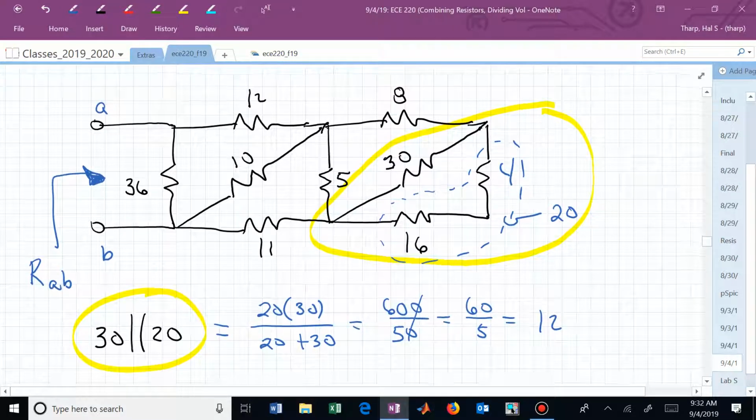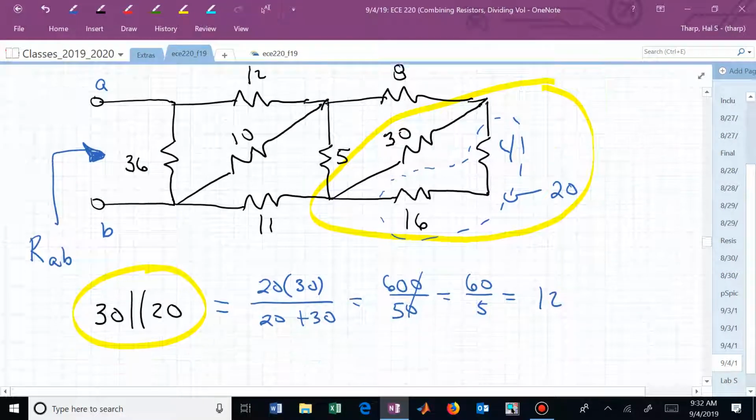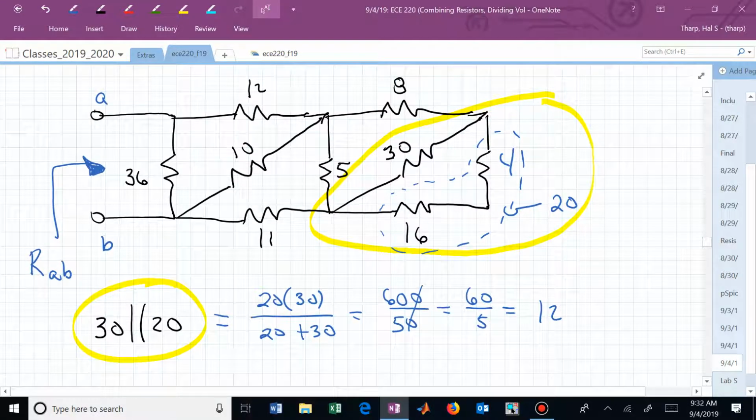We now have at, let me see if I can make this, let me say that's nodes C and D. Is that okay?